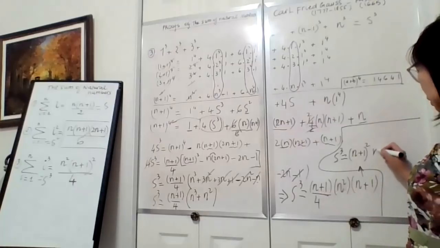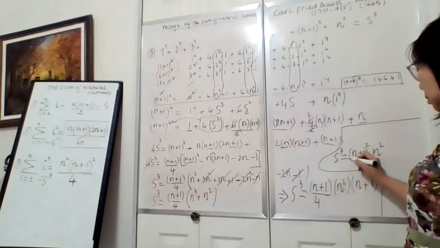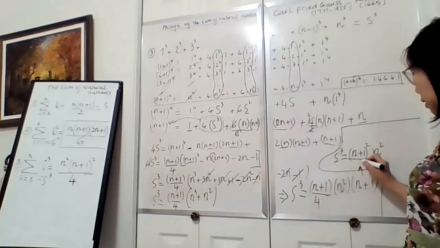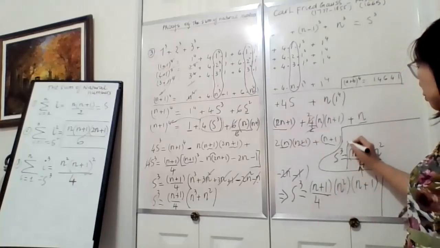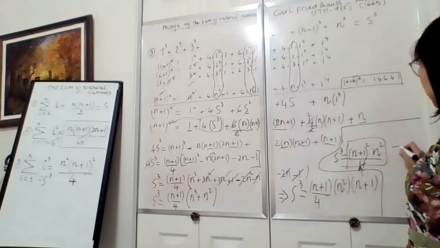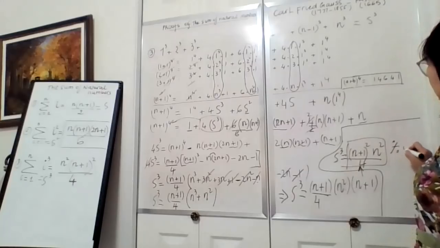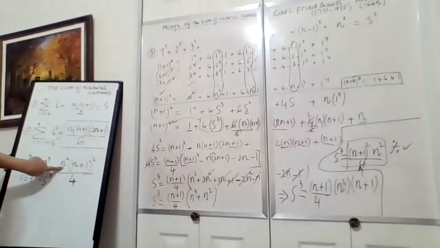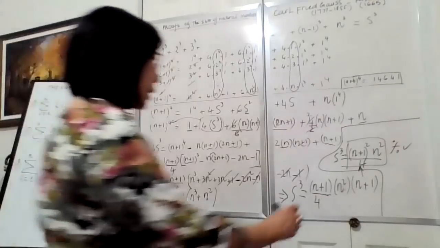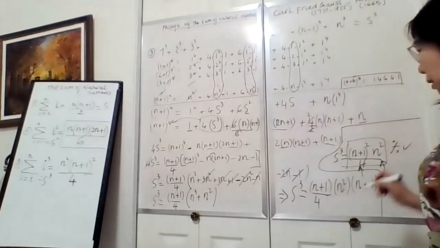To the power 2 times n squared. All of this divided by 4. So yes, I have proved this formula correct. You see, the sum of the cubes equals n plus 1 squared times n squared divided by 4. This is how I get exactly the same.